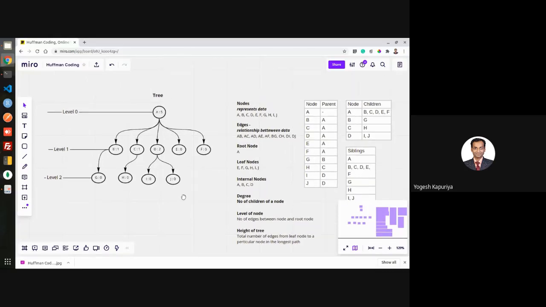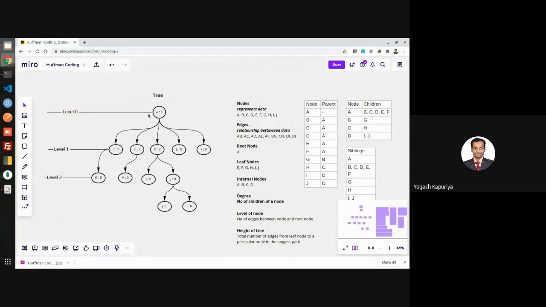So if I ask what is the height, that means I am asking about the entire tree. So obviously the height of this tree is 2, because of the total number of edges from a leaf node to a particular node in the longest path. Longest path means if there was another node here, right? Then the longest path would have been this one, right?